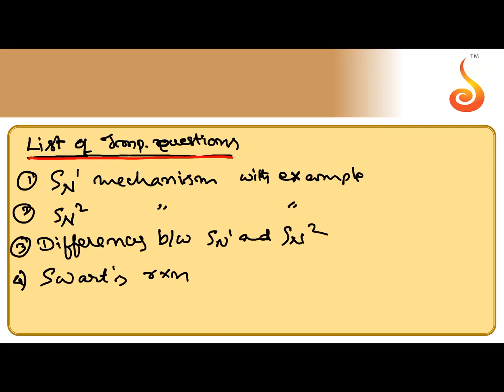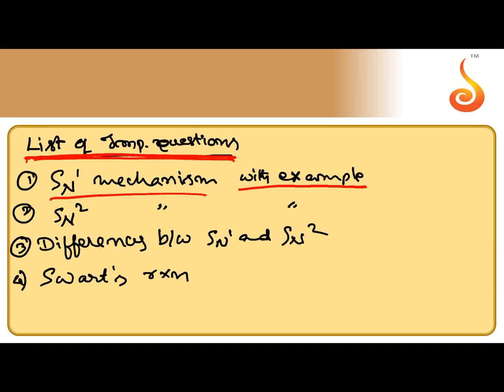Next, from the entire chapter, what questions should you concentrate on? Very important questions, not only for this exam but also for the final PU exam. What is the SN1 mechanism? Explain with one example. For this you have to write the definition: unimolecular nucleophilic substitution reaction, and the example: tertiary butyl chloride undergoes hydrolysis to give tertiary butyl alcohol.